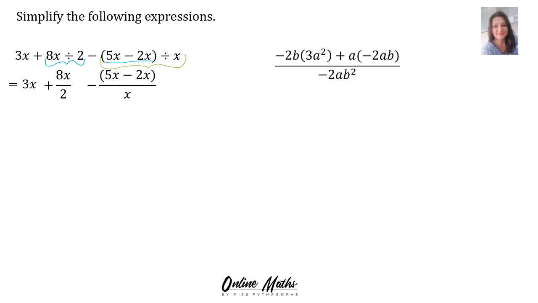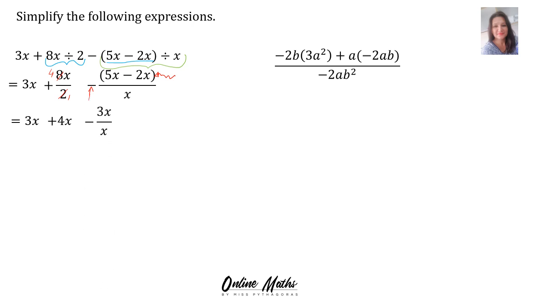So first of all, there's nothing that you can do with 3x. That one writes with. And then in the next term, you're going to say 2 goes in itself once, 2 goes into 8 4 times. So you're left with plus 4x. And then in the last term, you wait with this minus. And now you're going to do the numerator first by saying 5x minus 2x is 3x.